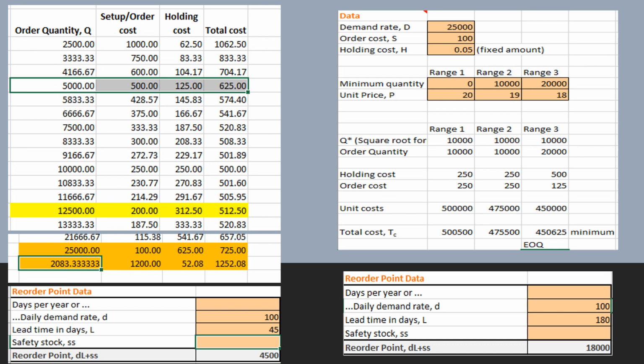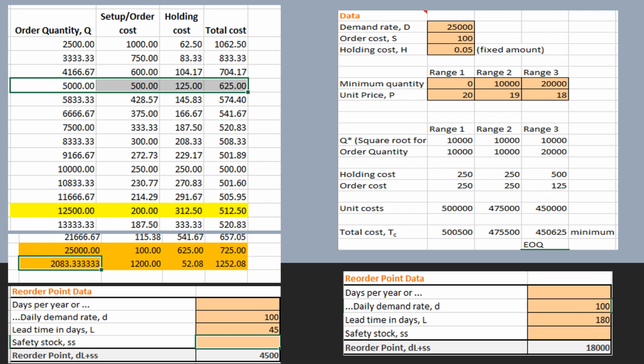In problem 1, there's a question there. If we disregard the EOQ and instead order only twice a year, that means 12,500. These are the answers: for the order cost we have 200 and holding cost 312.5, and our total cost is 512.5.